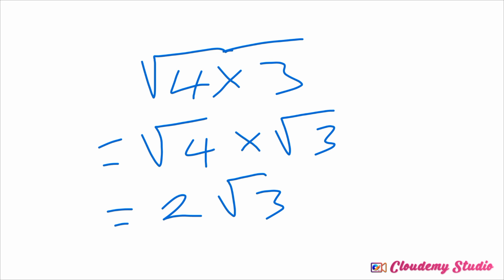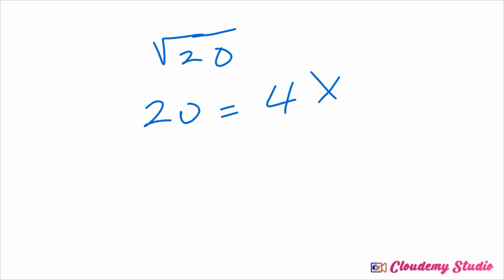Can we take another example? Let's take another example. Root of 20. We can see that 20 can be written as 4 times 5.